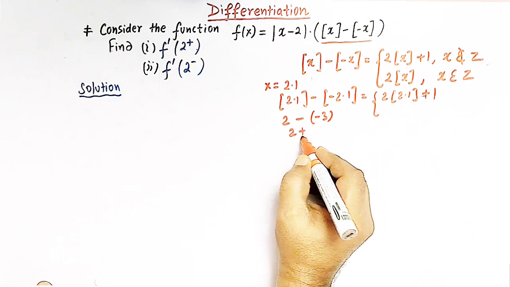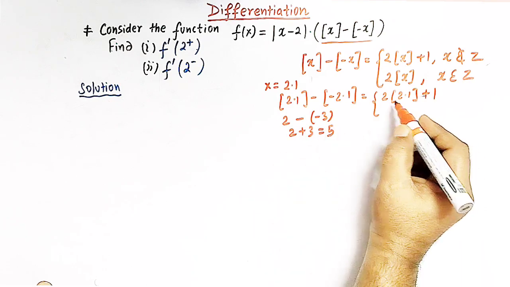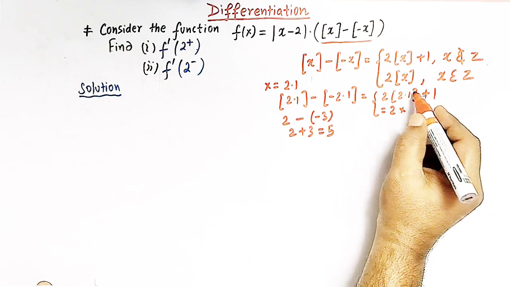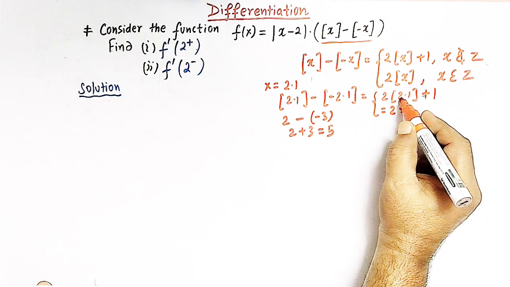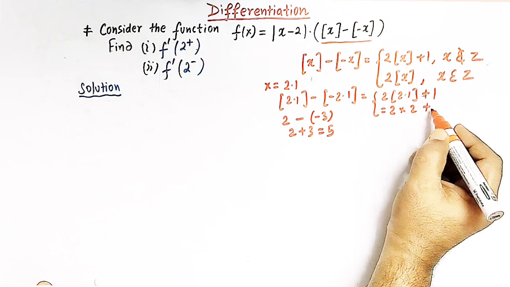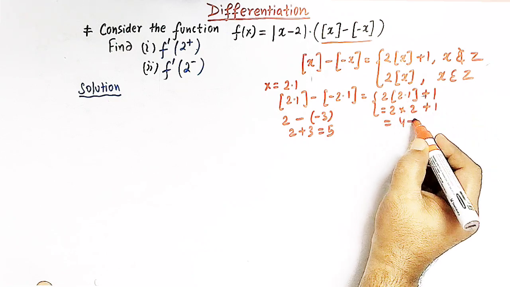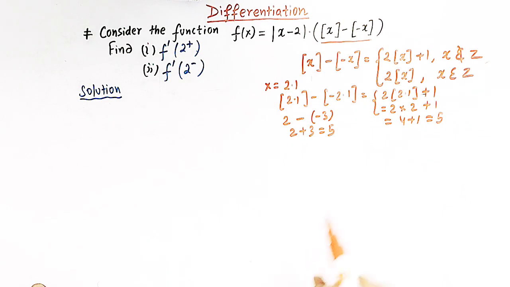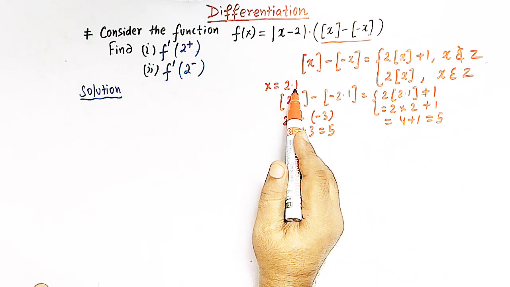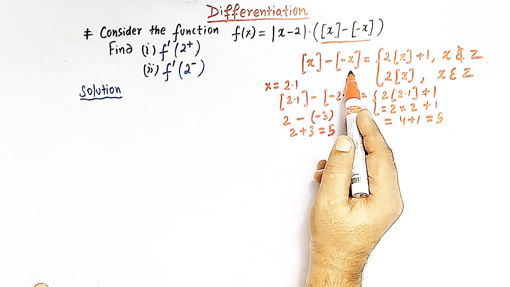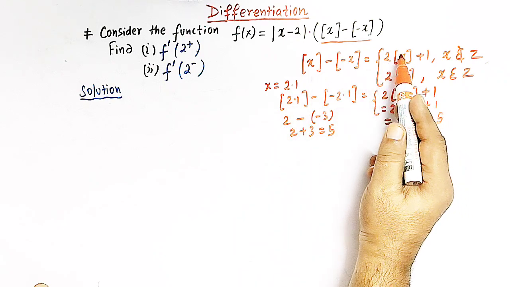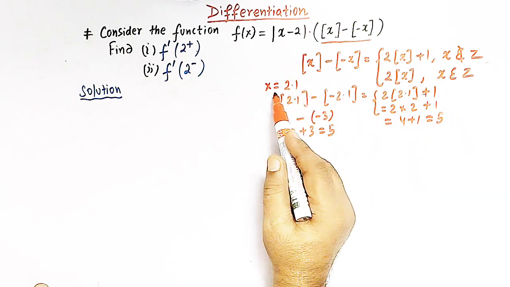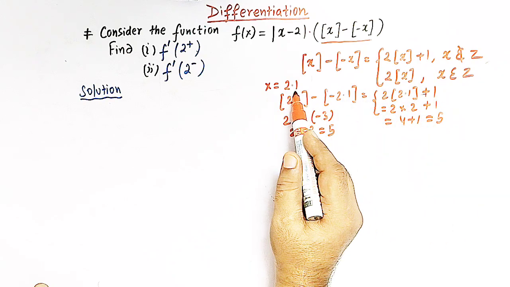So here we have 2 plus 3, that is 5, and here we have 2 times the greatest integer of 2.1, that is simply 2, and here we have plus 1, so this is 4 plus 1, 5, right? So when x is not an integer, then the value of this expression is equal to 2 times greatest integer of x plus 1, as we have just seen by taking x is equal to 2.1.